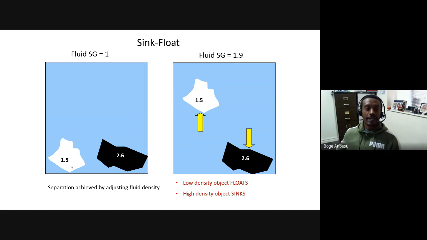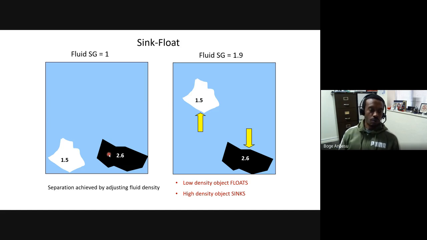Okay, so what is a sink and float method, or how do we use it? It's actually very simple. If you, for example, use water as a media, and say you have particles with specific gravity of 1.5 and 2.6, maybe one is a gangue and one is a valuable.